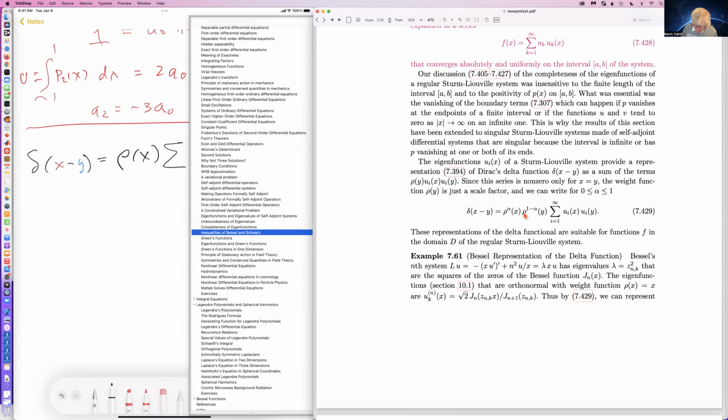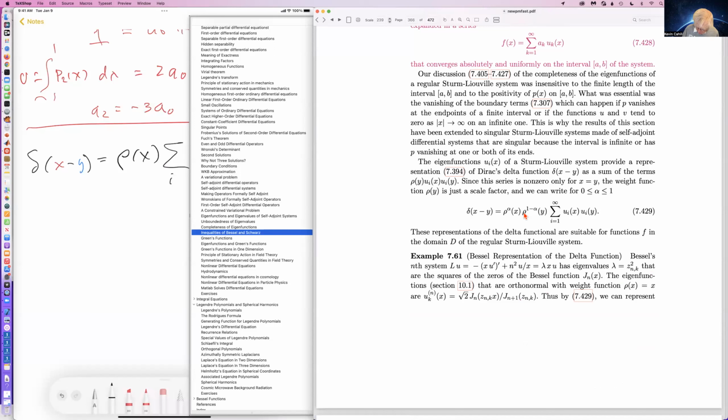And then it's a sum on all i, and of course I could start at 1 or it can start at 0 depending on how you number the eigenfunctions. And then it's u_i of x, u_i of y.